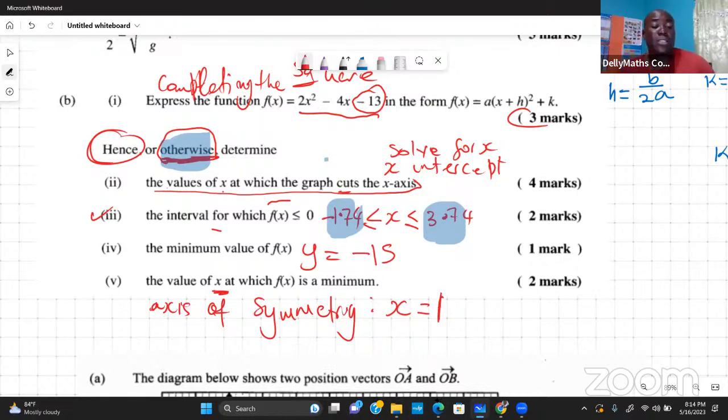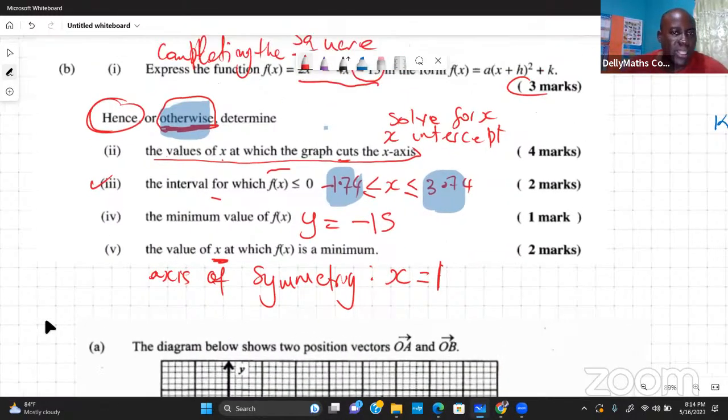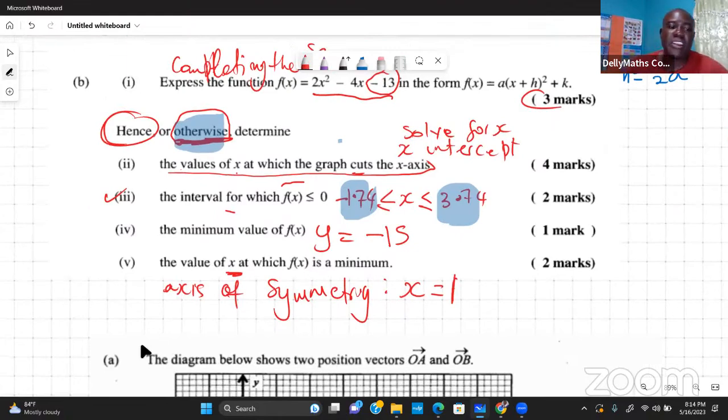The only x value at max or min is the axis of symmetry, and it is where x is equal to 1. There it is. This question, I believe, is a nice question, and that is why I kind of picked it, because I haven't seen the completed square, but it is on your syllabus.